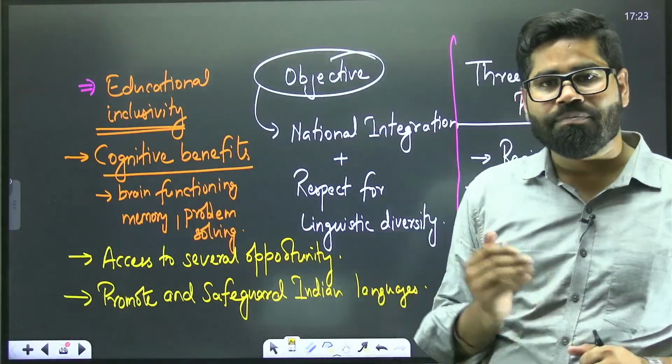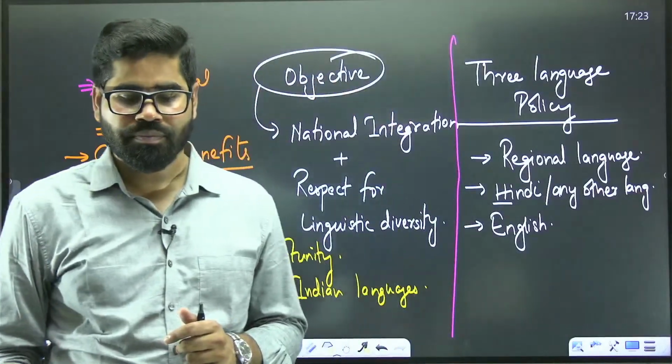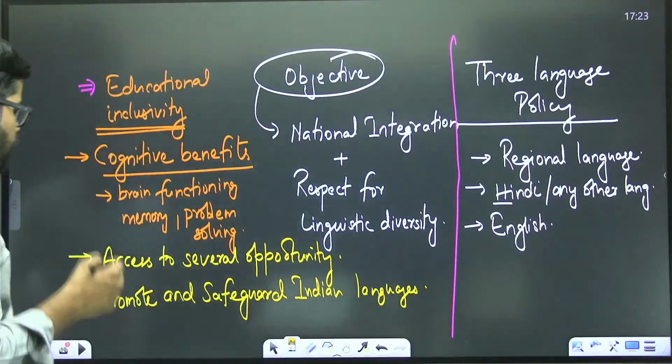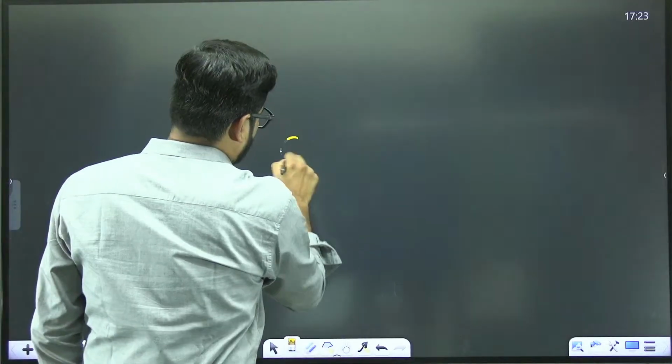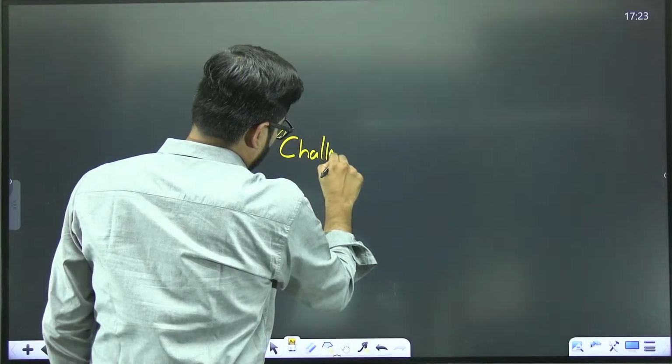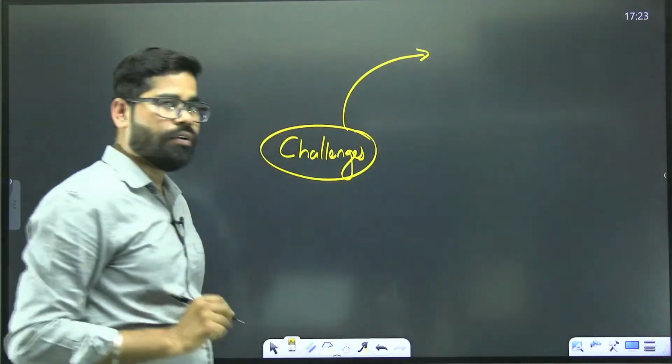So these are the benefits according to government for having a 3-language policy. But what challenges have emerged? If we talk about the challenges, what challenges have been said with respect to this?